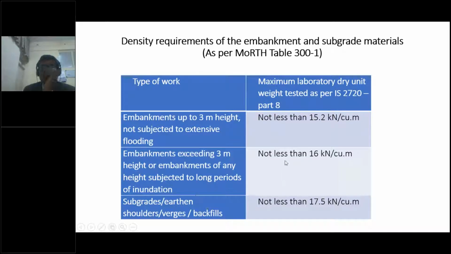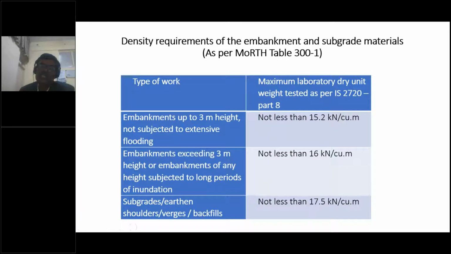Suppose it is an embankment not exceeding 3 meter height, subjected to long periods of inundation, water, then we can use soil which can yield a density of 1 gram per cc.